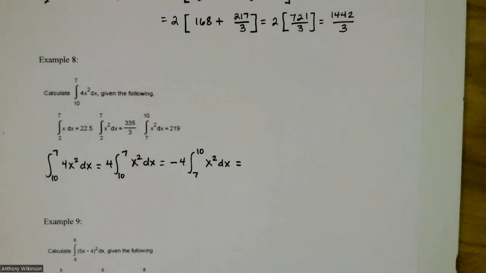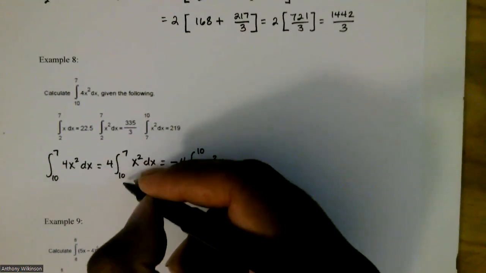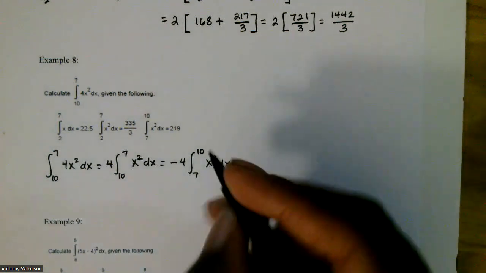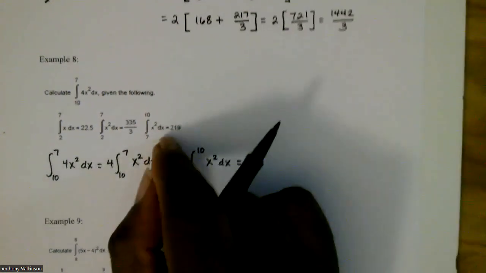Okay, so here I'm using property number 2. So if I switch the limits around, I have to include the negative sign. So it'll be negative 4 times the integral from 7 to 10 of x squared dx. All right, so the integral from 7 to 10 of x squared dx, I have that right here.